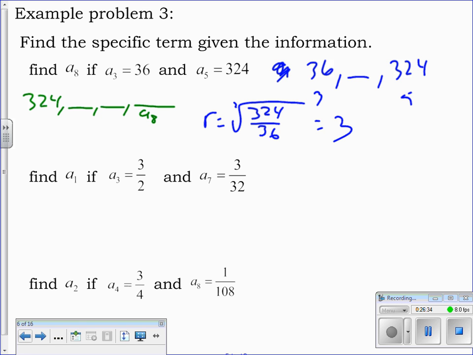This is very easy to do on your calculator. Times 3, times 3, times 3 to get 3 terms down the line. Does that make sense? So you take 324 times 3, times 3, times 3, and you get 8748.